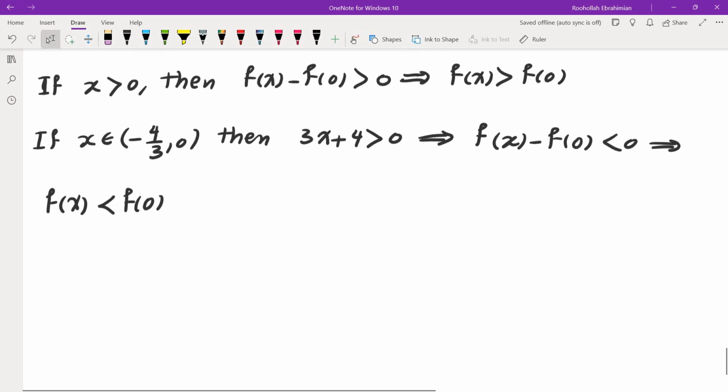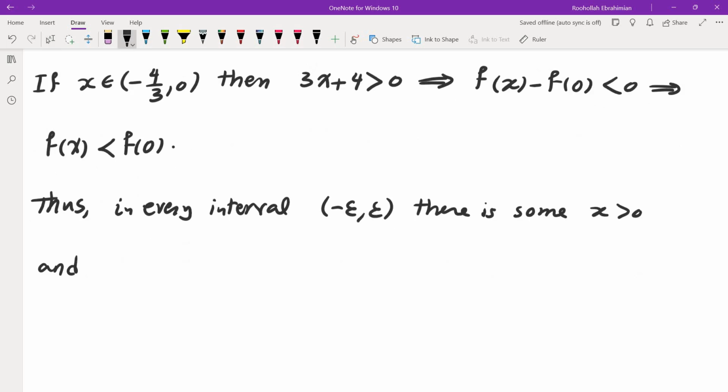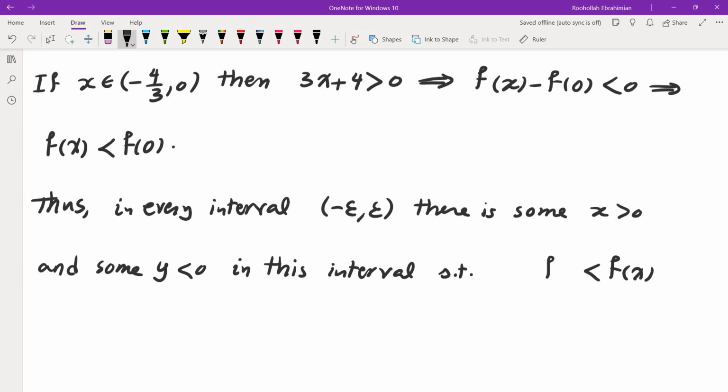So, in other words, in every interval minus epsilon to epsilon, there is some x more than 0 and some y less than 0 in this interval, such that f of x, one of them is more than f of 0 and the other one is less than f of 0.